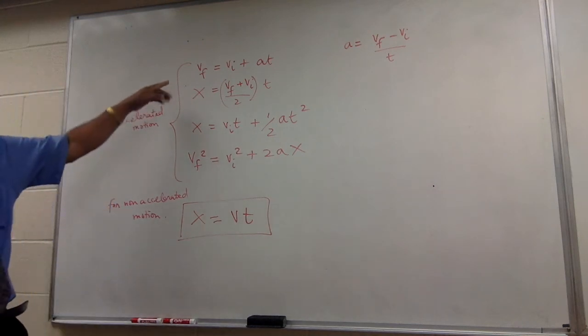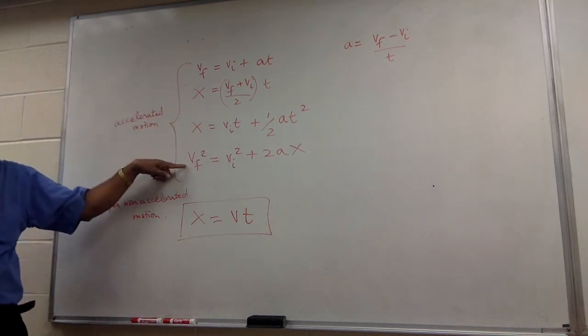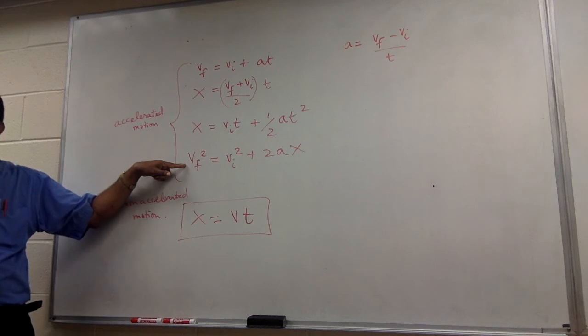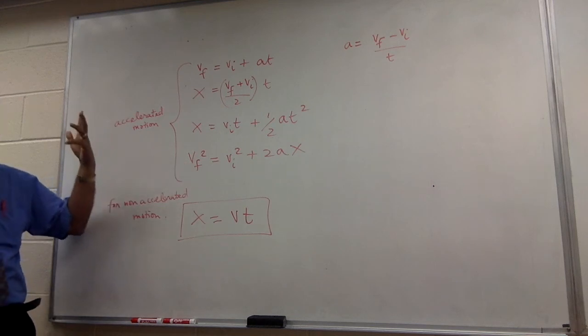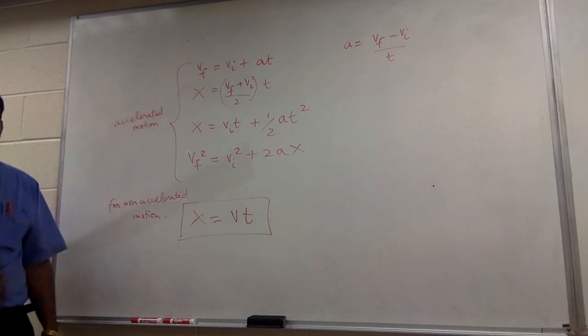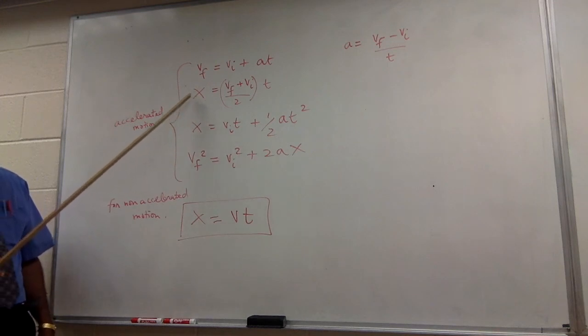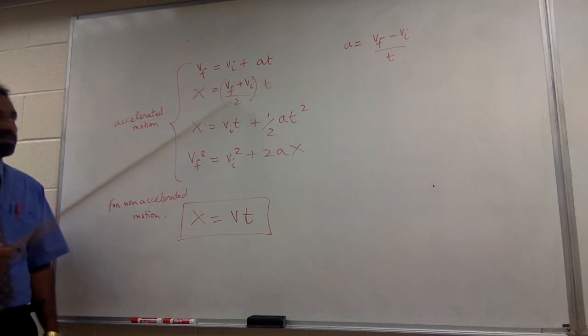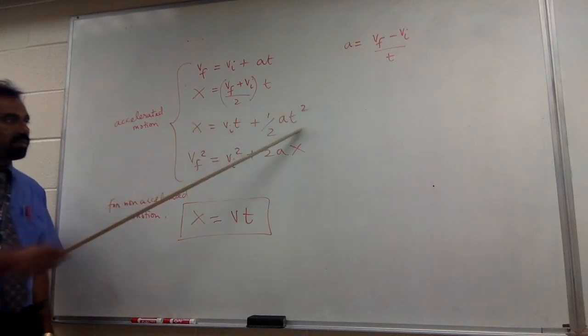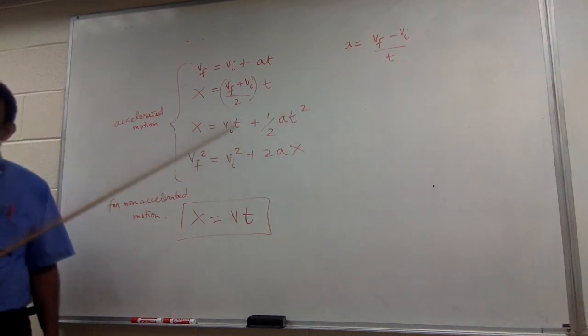But for accelerated motion, we have to use one of these. Which one you're going to use depends on what is given and what is missing. What information you don't have? If you don't have any information of x, then use the first equation. If you don't have any idea of acceleration, then use this equation. If you don't have any idea of final velocity, use that equation.